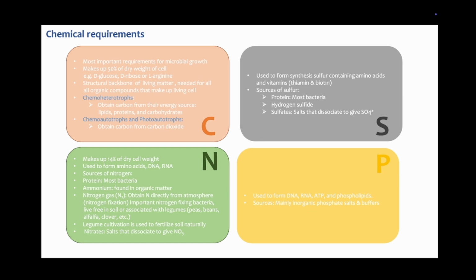For nitrogen, phosphorus, if you remember your biochemistry, you can find this mostly in ATP, in your DNA, RNA. So your nitrogen is mostly found in amino acids and also DNA, RNA.